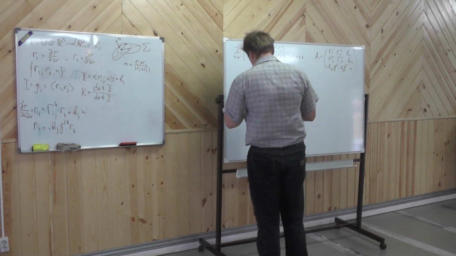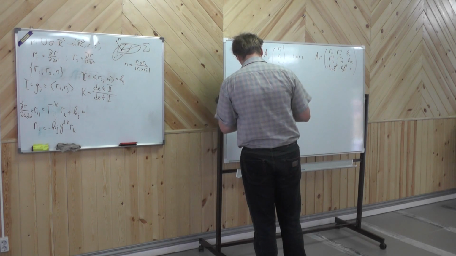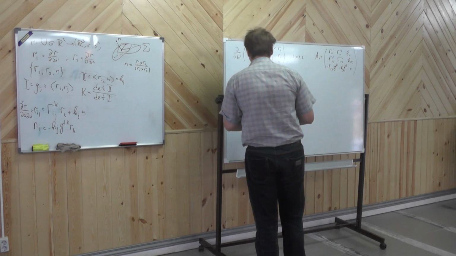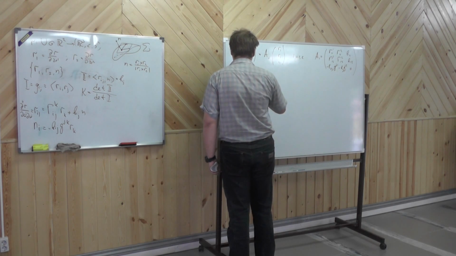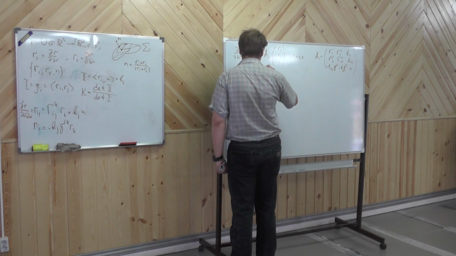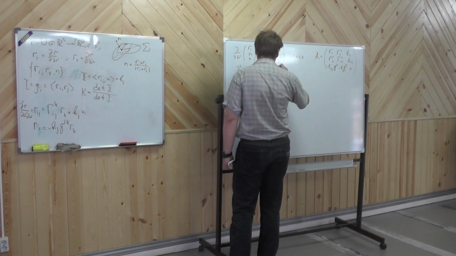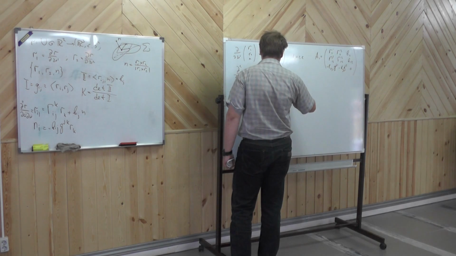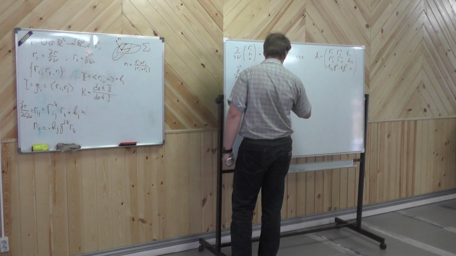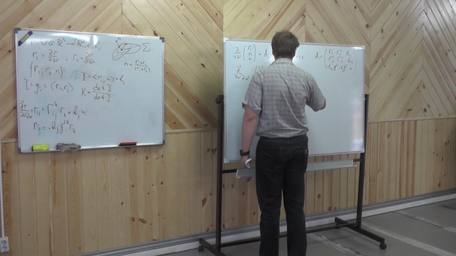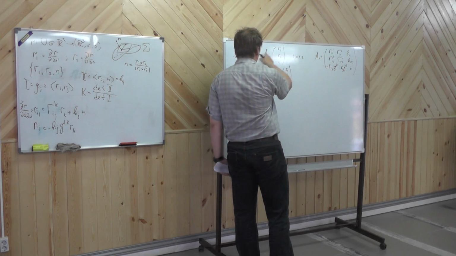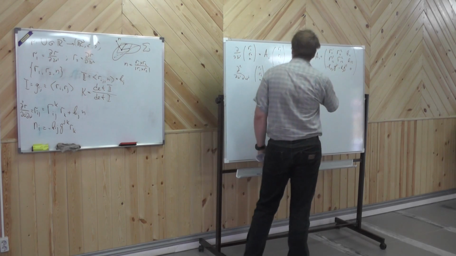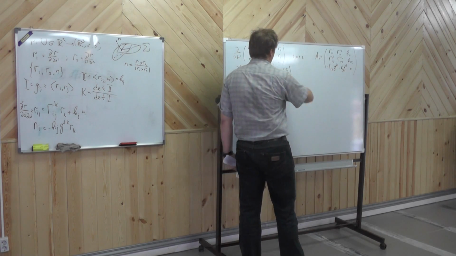Well, what's then? Then you can consider this thing. The derivatives commute. And if you substitute these equations, then you will get matrix equations on matrices A1 and A2.